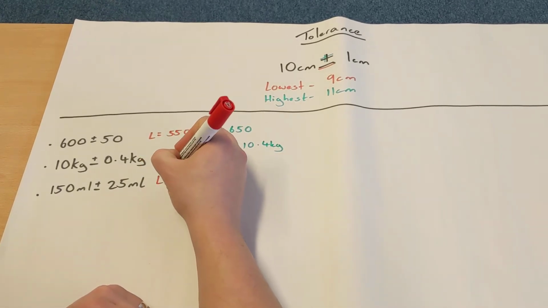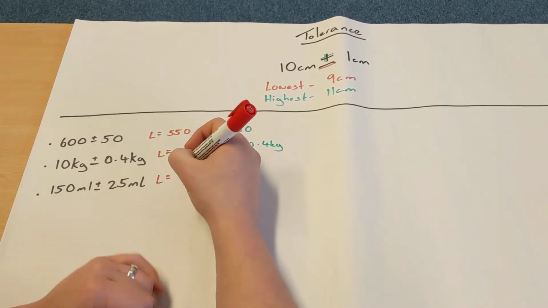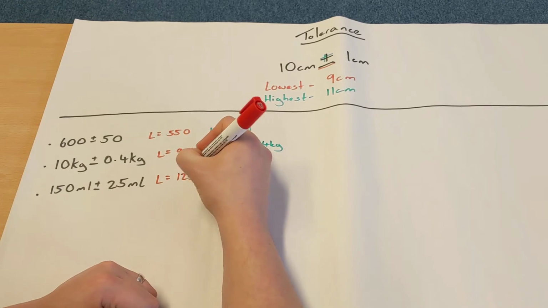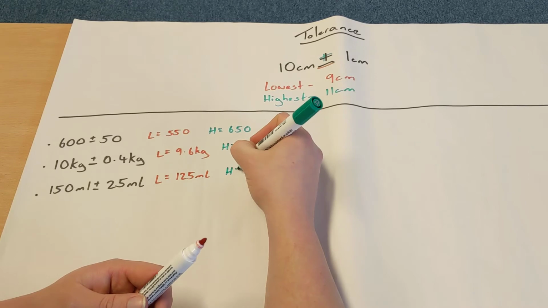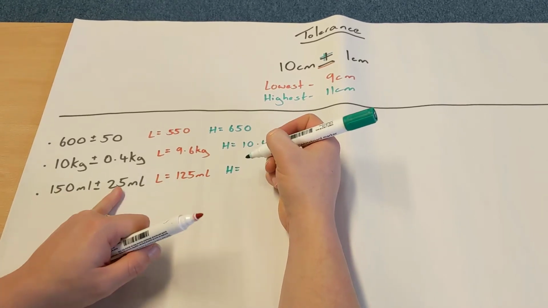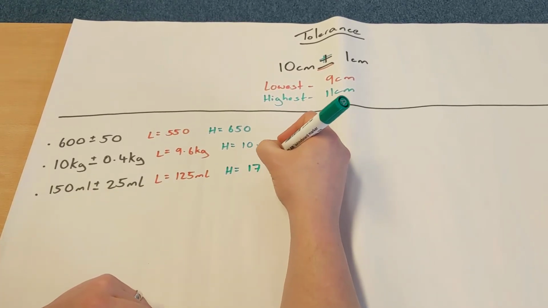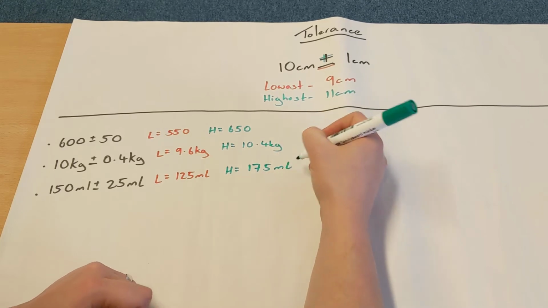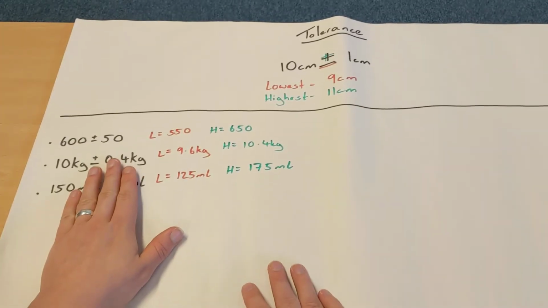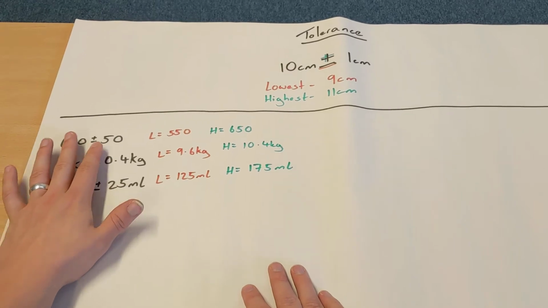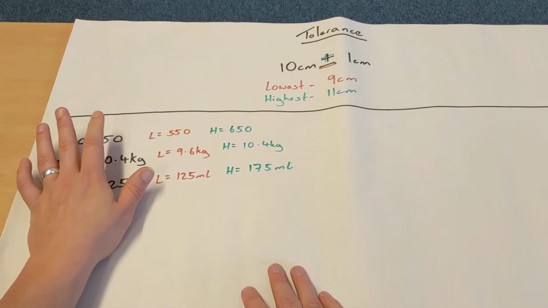Well, the lowest is going to be 150, take that. So that's going to be 125 mils. And the highest, well, that would be 150 plus that, which is 175 mils. And that's your basic idea of tolerance. Now, it could be where your tolerance is written exactly like this, in the same units. So it's 600 plus or minus 50.